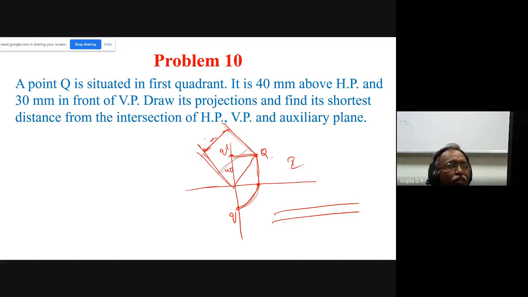Anyhow, construction lines you can draw any number of lines, no problem, but they should be very light. The points Q dash and capital Q should be dark. So this shortest distance is what is asked, isn't it? That distance should be dark because that is asked. Remaining everything light lines only.